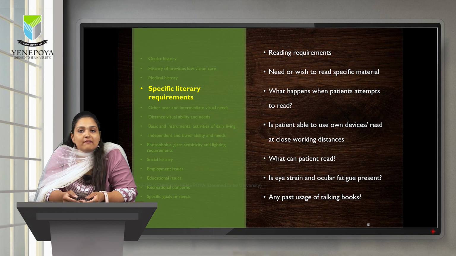Does the patient have any eye strain or ocular pain when they try to read, or whether they have any low vision specialist or somebody has already prescribed any talking books for the child or for the low vision patient.